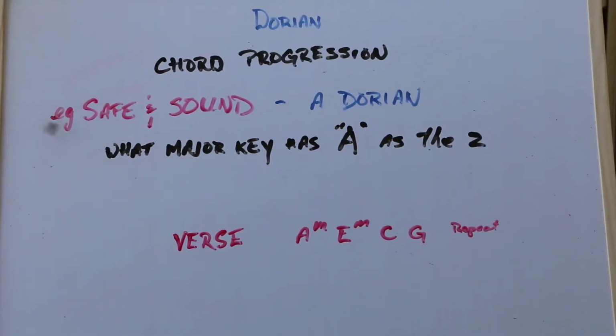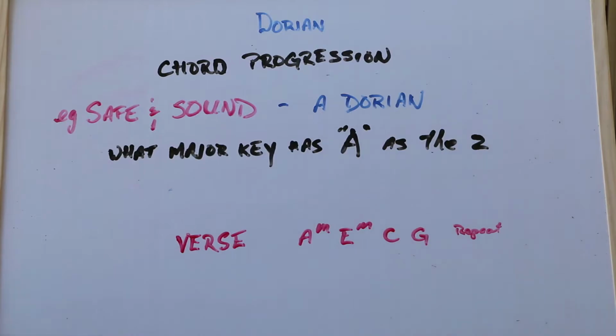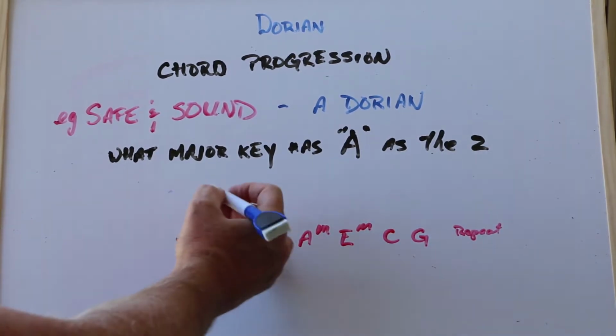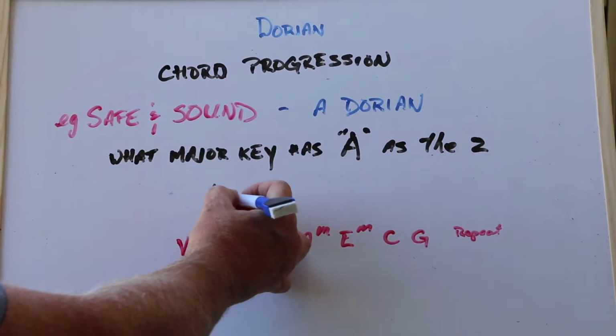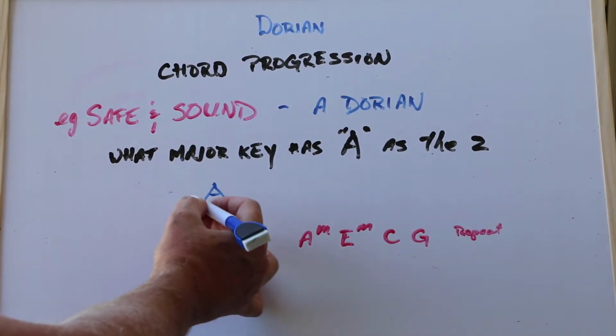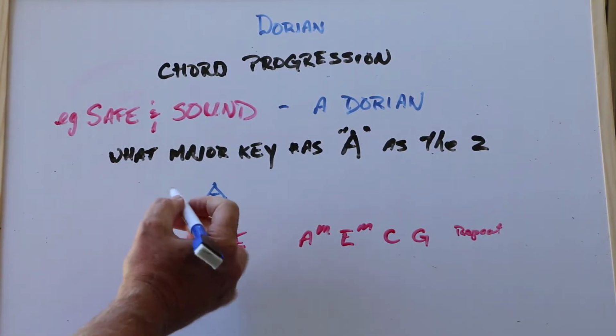And let's take a look at Safe and Sound. Now, Safe and Sound is in A Dorian. So what is its corresponding major key? We ask ourselves, what major key has A as the 2nd? A, if it's the 2nd in a major key, we know that it is a step away from the 1 of its major key.